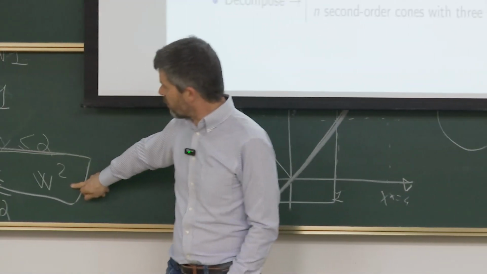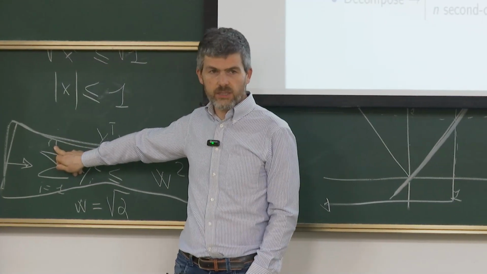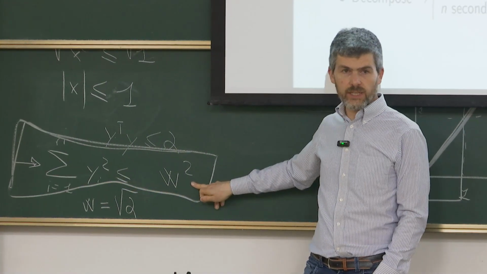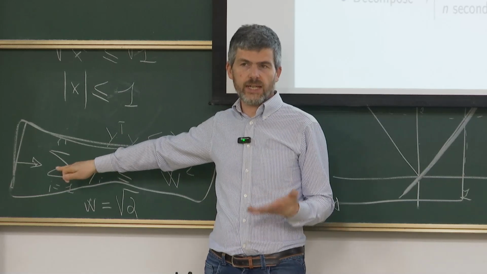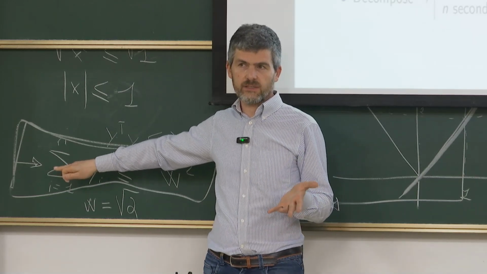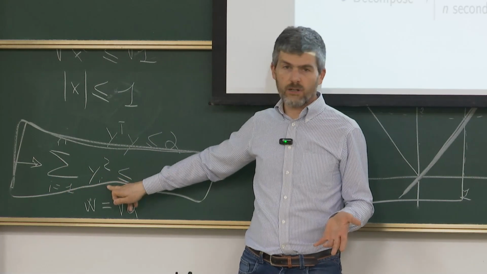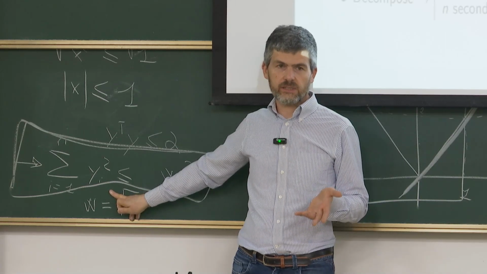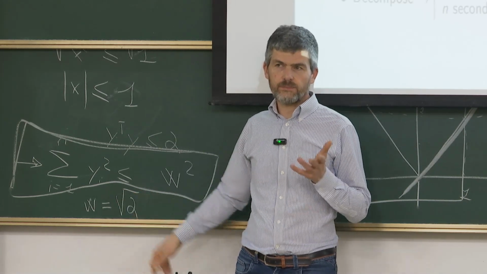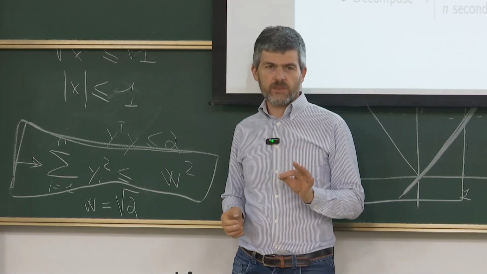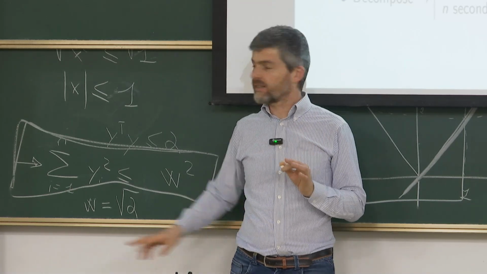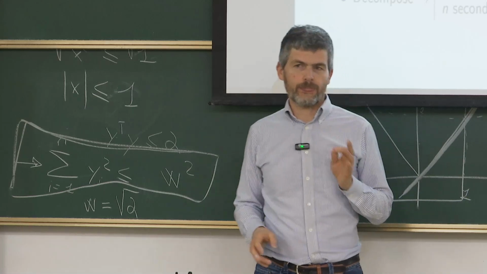You take this cone, and this cone has n terms on the left-hand side and 1 term on the right-hand side. So if you originally had a quadratic constraint with 1,000 terms, now you have a sum of 1,000 yi squared terms. This is fine for a continuous problem. Solvers usually handle these cones relatively well.